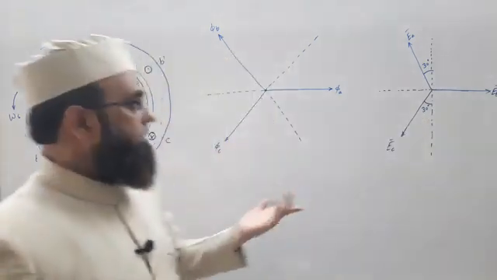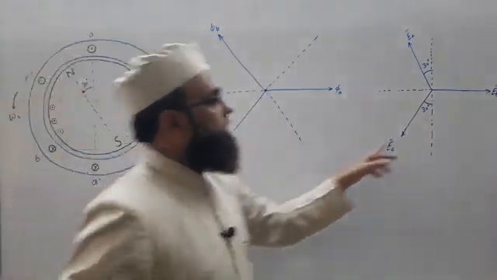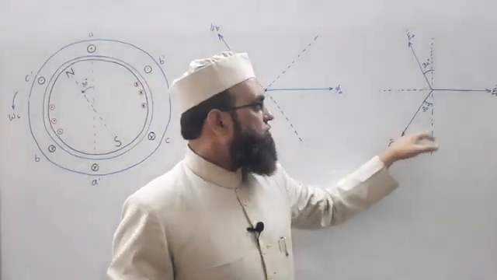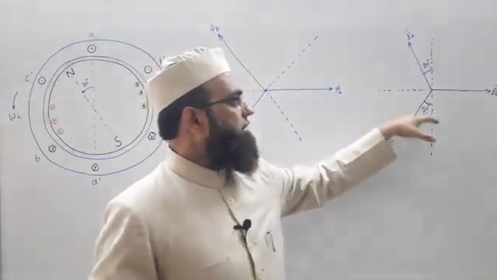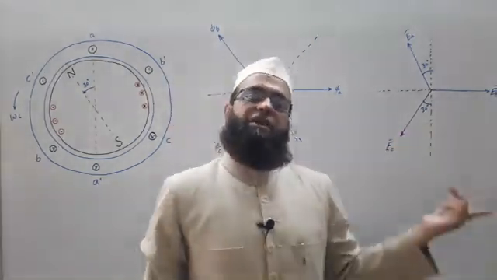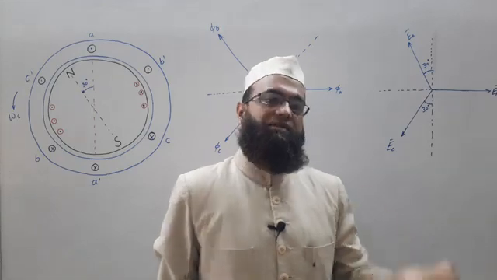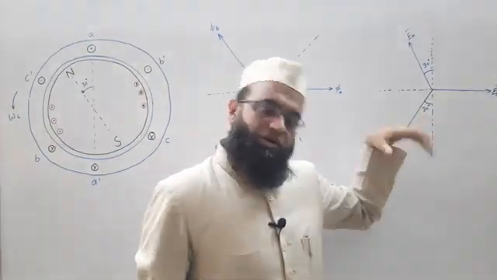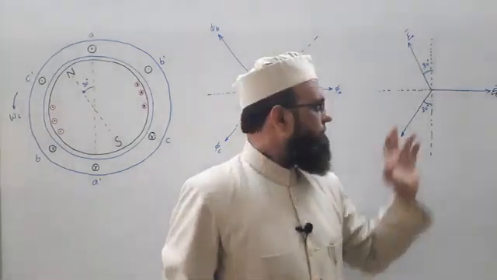Earlier in case 1, the polarity of induced EMF in phase C was also negative, but the magnitude was lesser, that was 60 degrees, and the projection of this along the vertical axis in the previous case is EC cosine 60, which is lesser than EC cosine 30 now. So, the magnitude is increasing towards the negative direction. Fine.